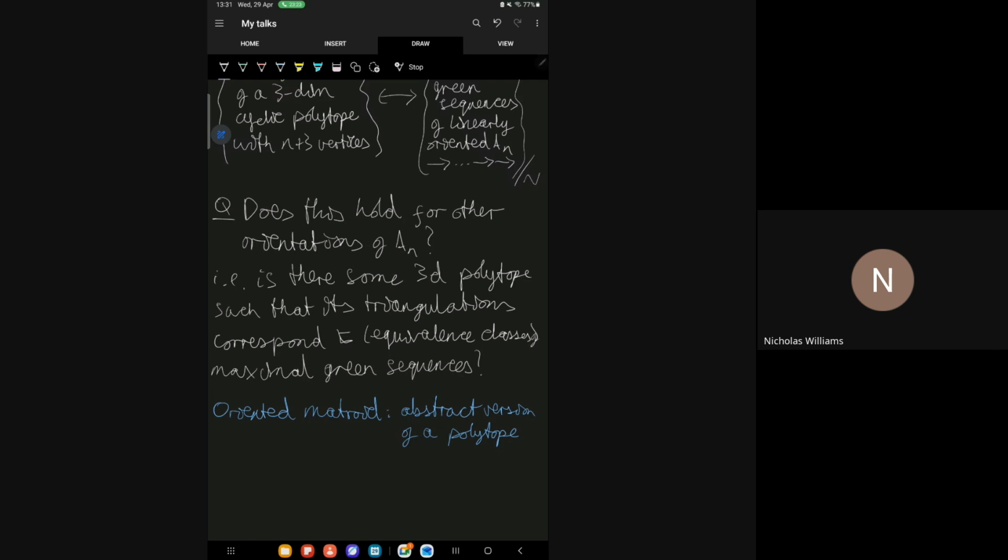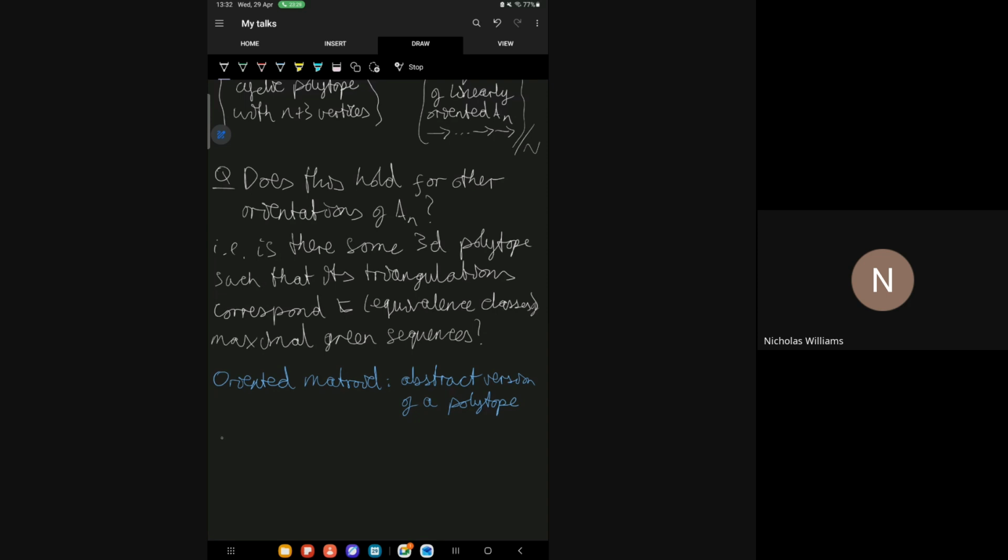So I answer actually maybe even a stronger version of the question. Instead of for all orientations of A_n, you can ask this for all cluster tilting objects in the A_n cluster category.